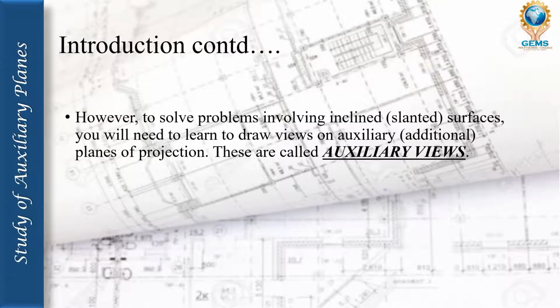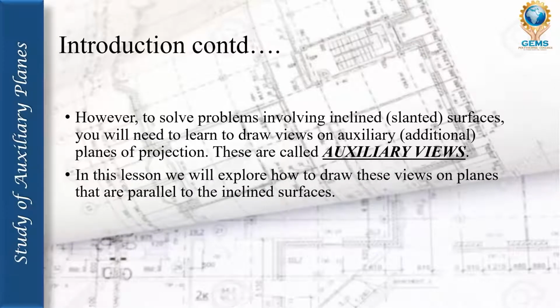To solve any problem on an inclined surface, you will need to learn to draw views on auxiliary planes of projection. If it is an inclined surface, to draw it on an additional slanted plane of projection, that view is called an auxiliary view.